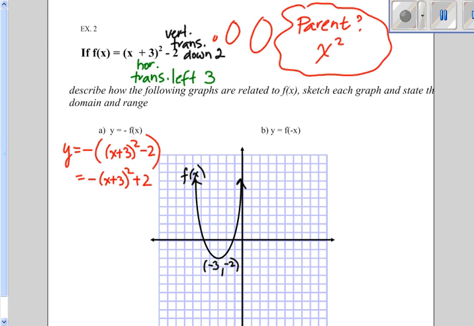But I know more easily that when I have a negative sign out the front of a function, I have a vertical reflection. My ups are downs and my downs are ups. I am across the x-axis.